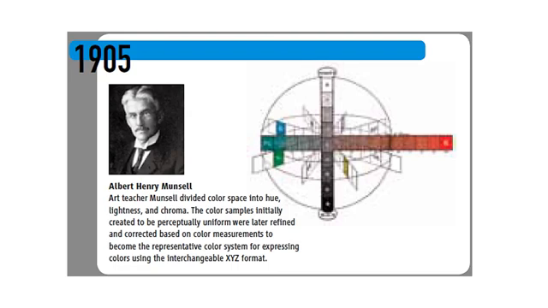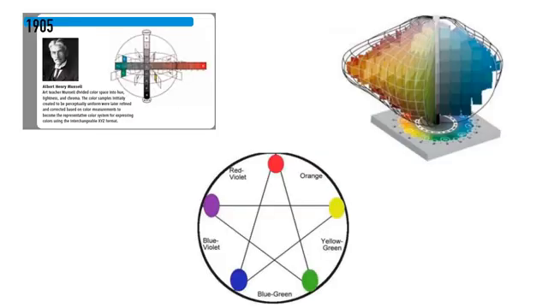One of the most popular color ordering systems was presented by an art teacher, Albert Henry Munsell, in 1905. Munsell divided color space into hue, lightness, and chroma. Actually, he expanded on Runge's three-dimensional color model with his color tree.